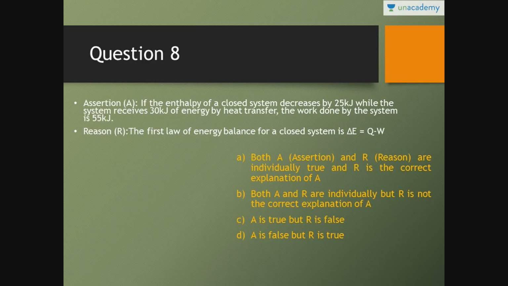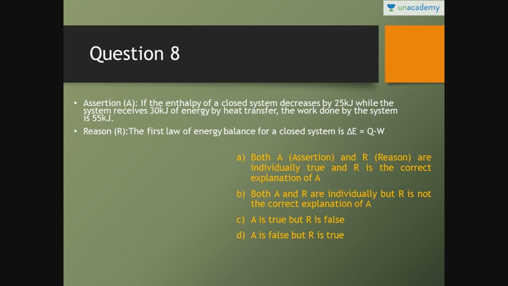Next question, assertion and reasoning. You will face this type of question in the Indian Engineering Services examination. These are typical problems, and you have to practice them a lot. There are 4 types of options.